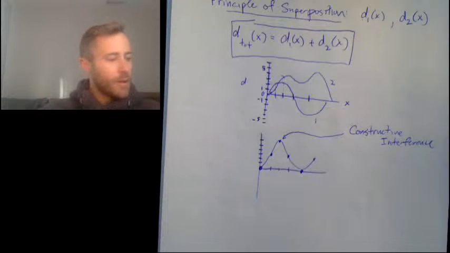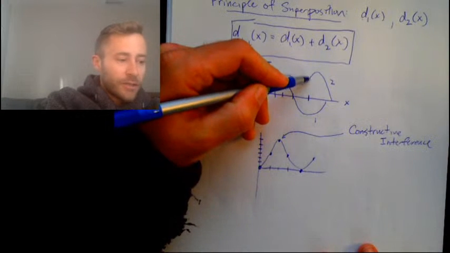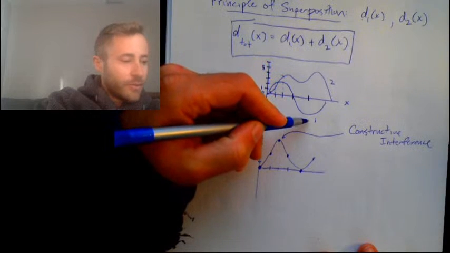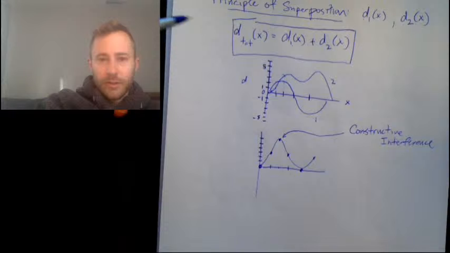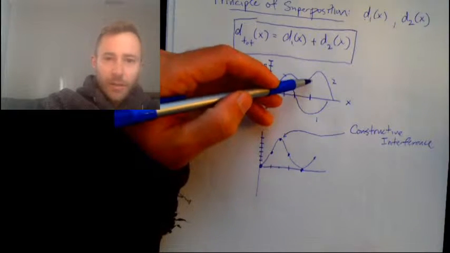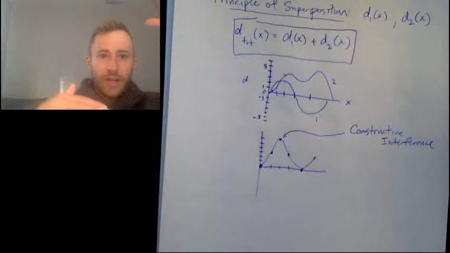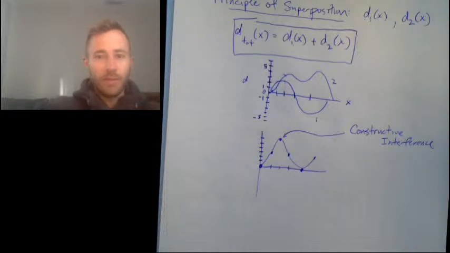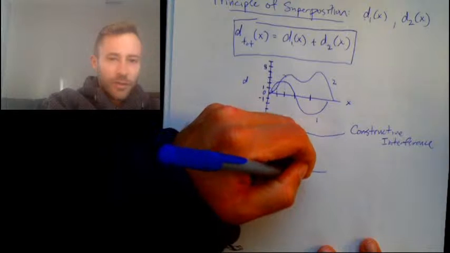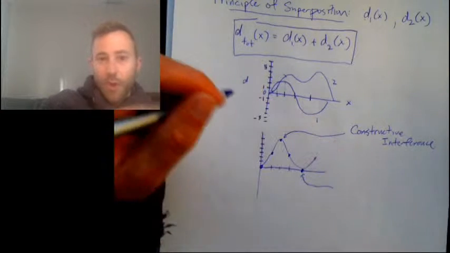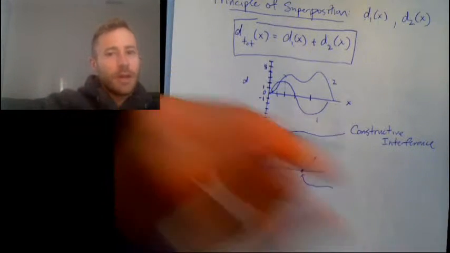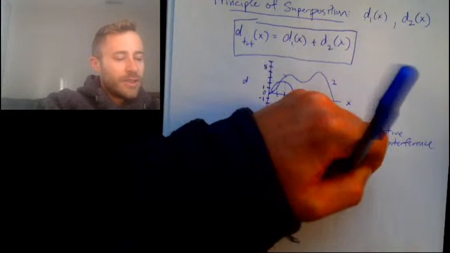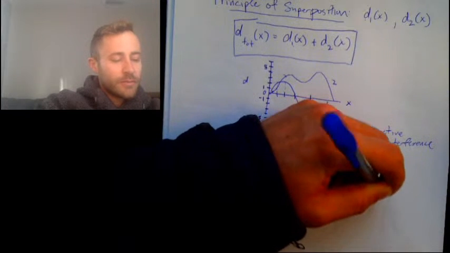Here, one of the waves is positive and the other one is negative. So when they combine, you get a positive plus a negative, which equals something closer to 0. And so that would be perceived as either quieter or dimmer. And that is called destructive interference.